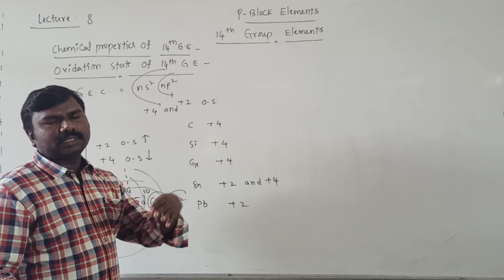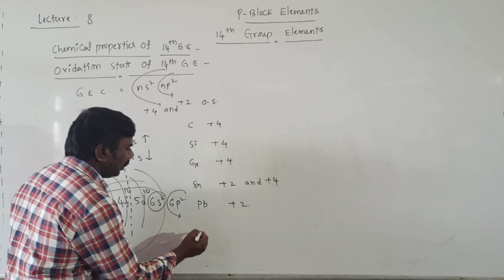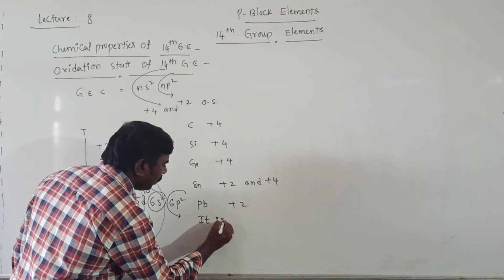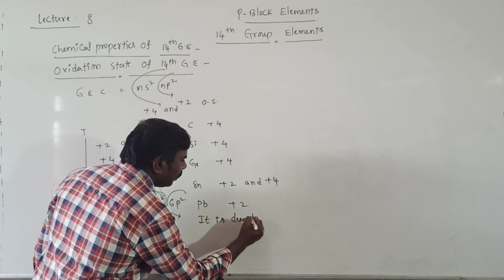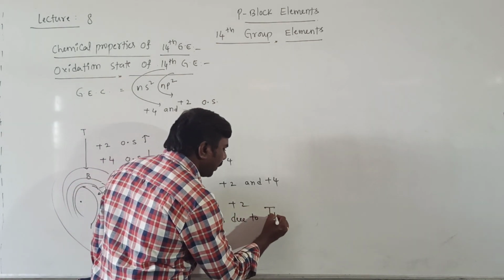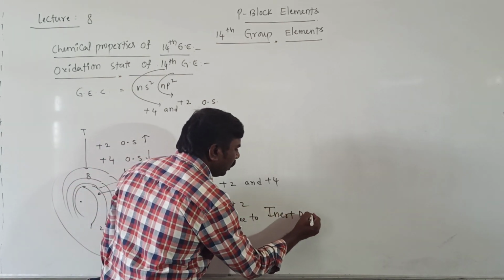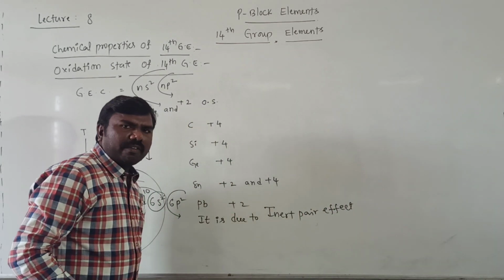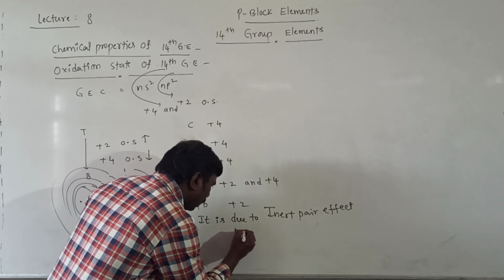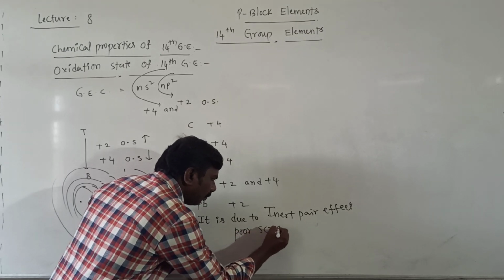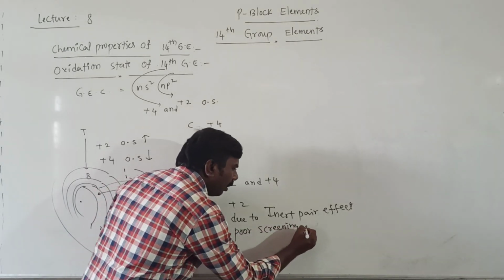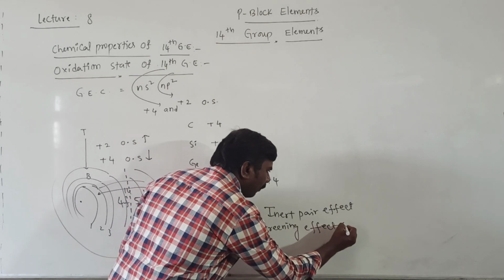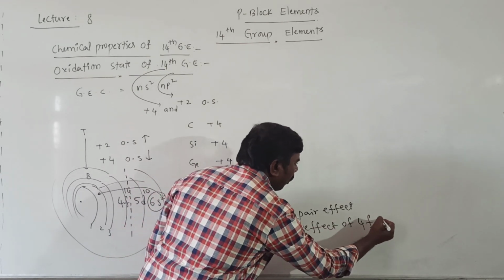The 6s2 electrons are never involved in losing or oxidation state. This effect is called the inert pair effect. Inert pair effect is due to the poor screening effect of 4f orbitals.